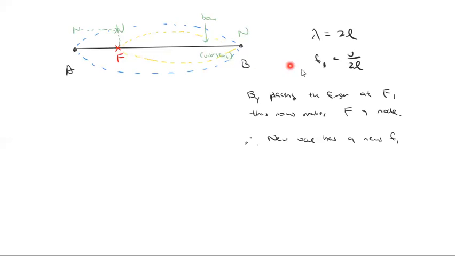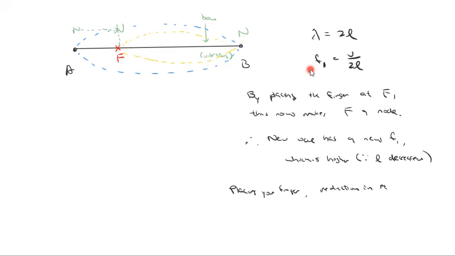And by shortening the length, which is higher, because L basically decreased. So in other words, placing your finger is essentially thought of as a reduction in string length. You've basically reduced the length of your string, how much it can vibrate. And that is how it works in strings.